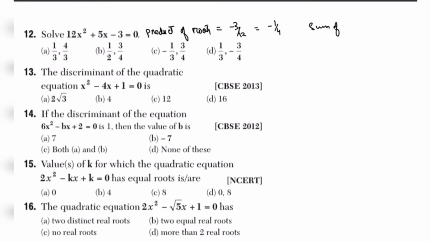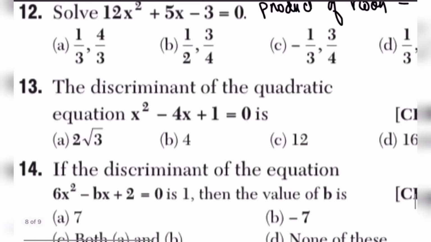Sum of roots, we want it to be minus 5 by 12. So what is the product of roots here? If you multiply these two, you get 4 by 9. So this option is ruled out.